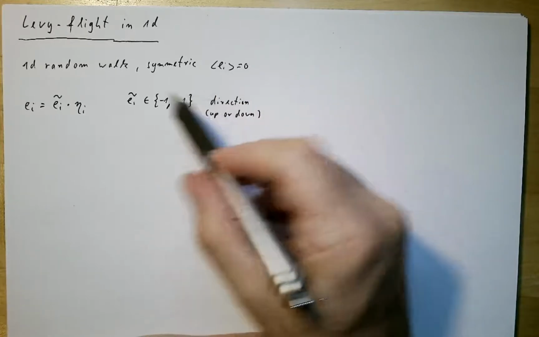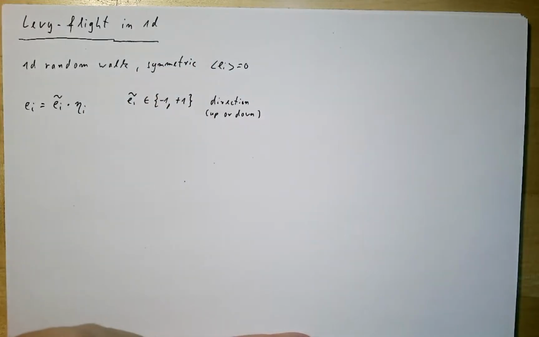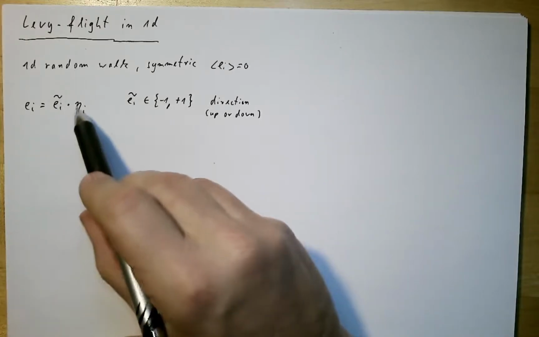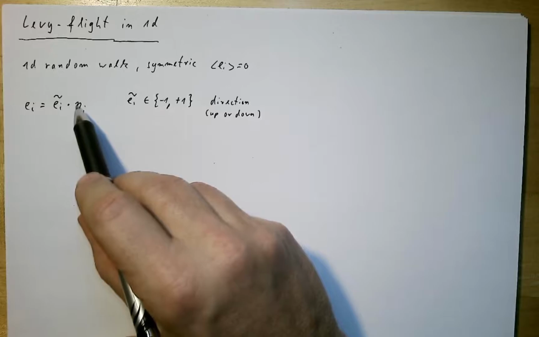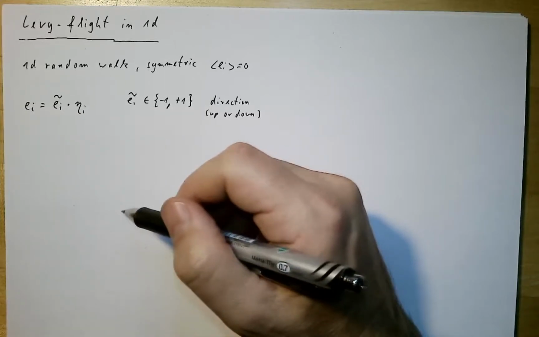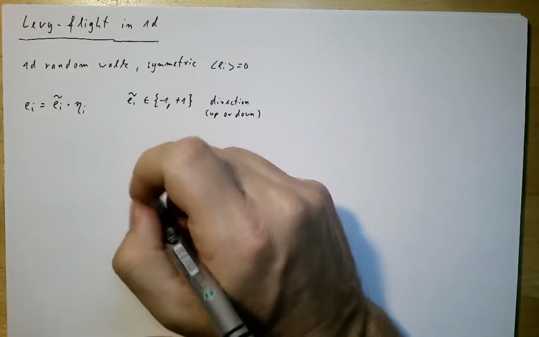Later in a 2-dimensional random walk it will be the angle, so the compass direction the walker is moving. Here it just means up or down. And now if the eta_i would be 1, then this would be just our very normal random walk.